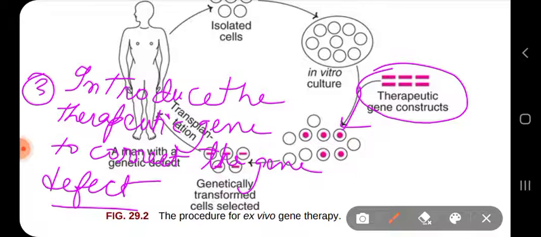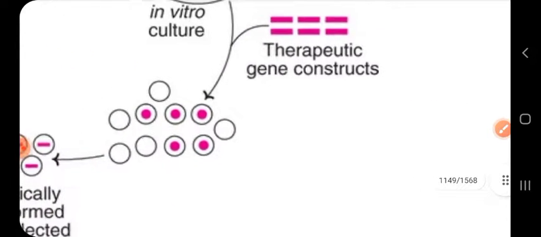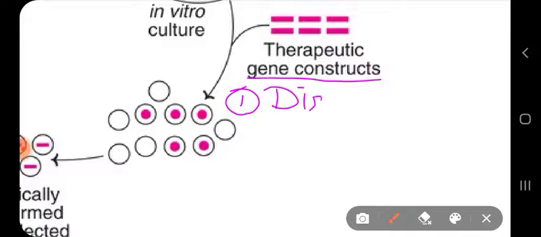Now, how can we introduce the gene into the target cell, into the cultured cell? For this we have to use certain approaches. Therapeutic genes can be introduced through two ways. One is the direct approach.